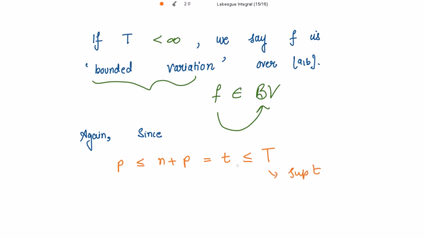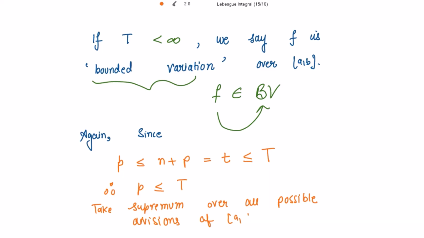So capital T is greater than or equal to small t, which means small p is less than or equal to capital T. And if I take the supremum over all the possible subdivisions of closed interval [a, b], then this small p will change into capital P. So capital P is less than or equal to capital T.